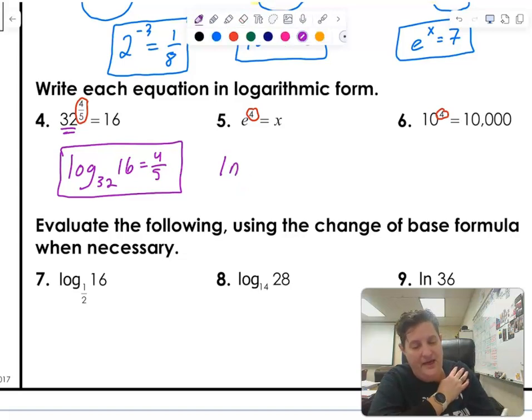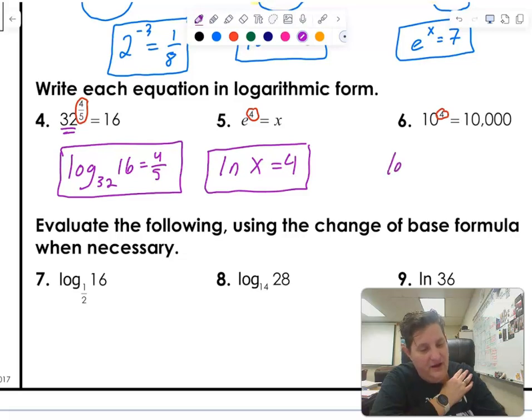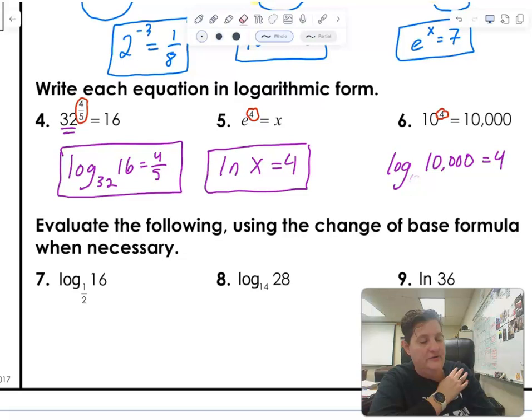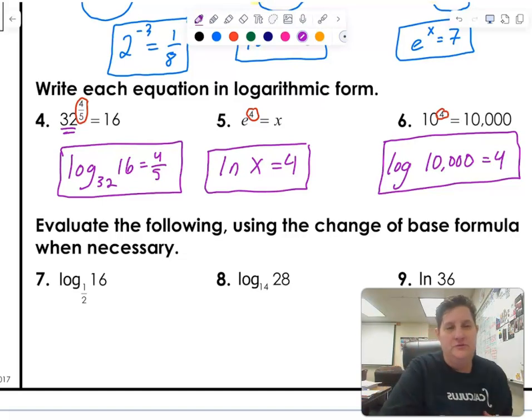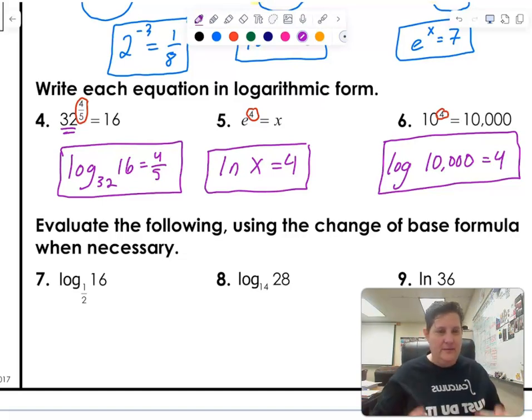So I change it to ln, so I don't have to put a base e anymore, of x equals 4. I'll write that one like that. And then this is log base 10 of 10,000 is 4. And again, with 10, you don't have to write it either, and you just write log. That one's like a little more optional. You can write it or not. But e, you really need to switch it to ln. Okay? Writing back and forth is fine.